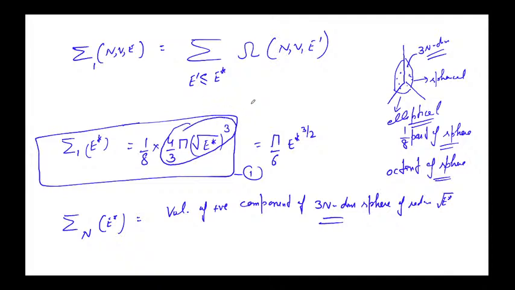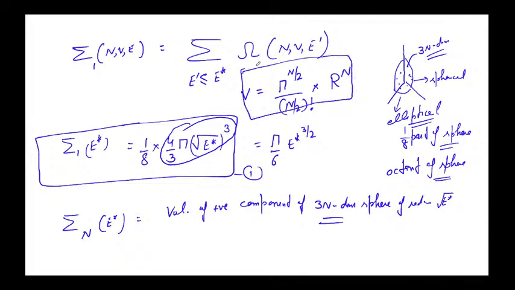Now the value of this volume, we generally represent as pi to the power n by 2 over n by 2 factorial, multiplied by the radius of this sphere. This is for the n dimensional sphere.